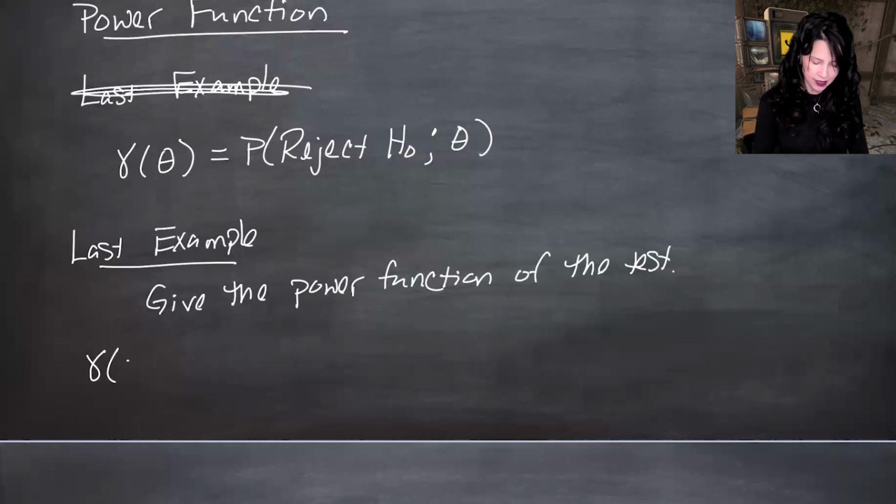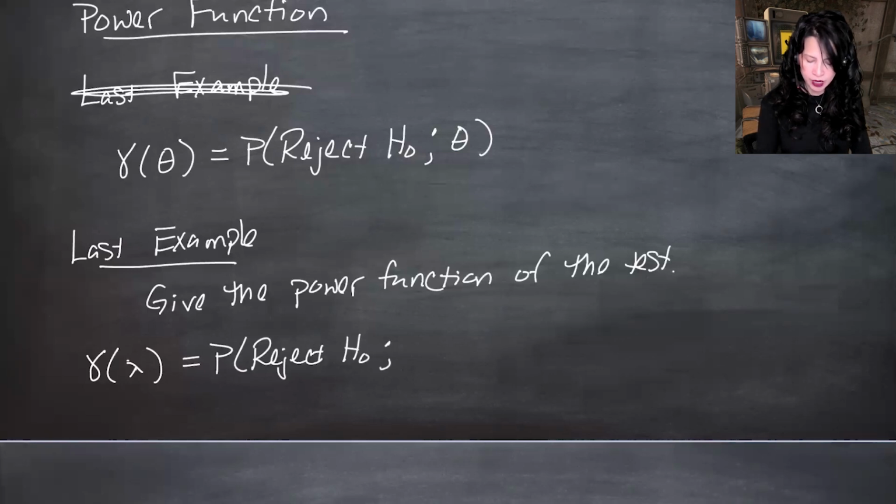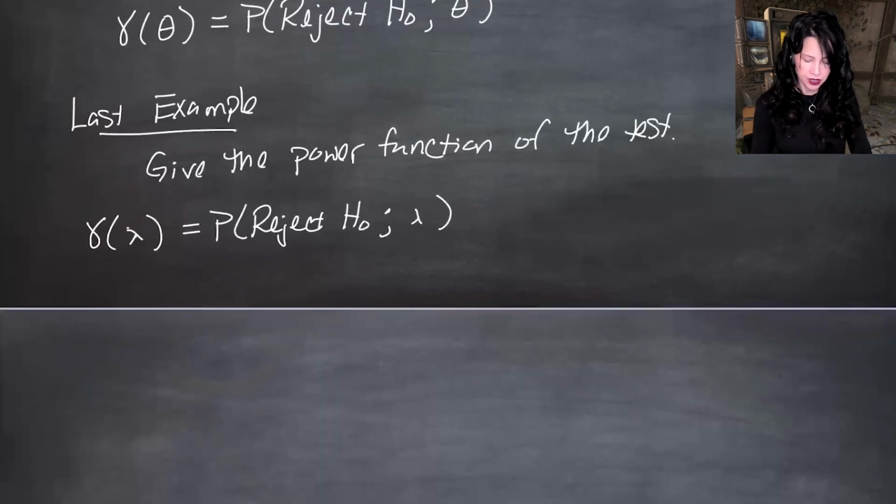Instead of theta, I'm going to use our specific parameter, lambda. This is a variable that takes on values from 0 to infinity, everything in the parameter space. This is going to be the probability we reject the null hypothesis when the parameter is lambda, and it's going to be changing as lambda changes.